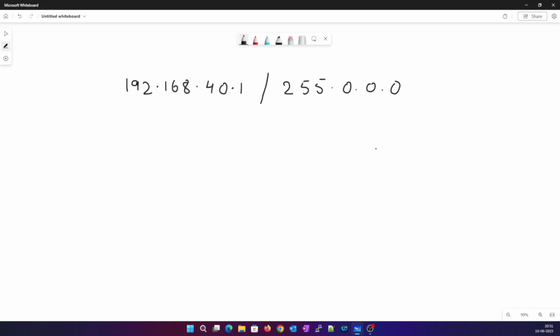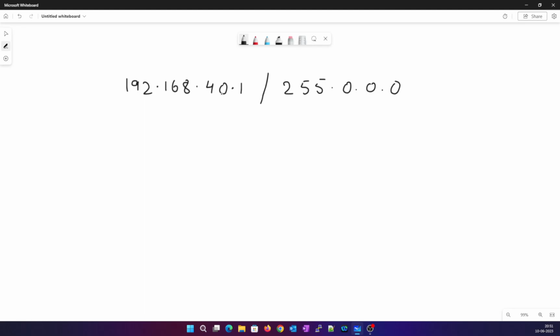Usually in an interview question or in a CCNA exam, they ask: can you tell me the subnet ID, and can you tell me the broadcast address of this IP address that I have written here?